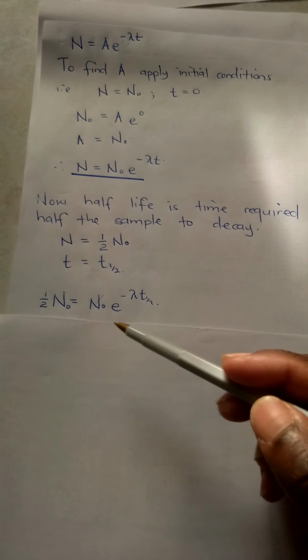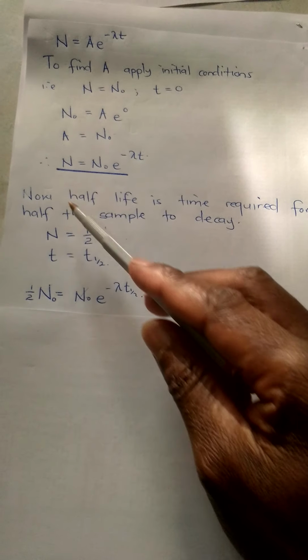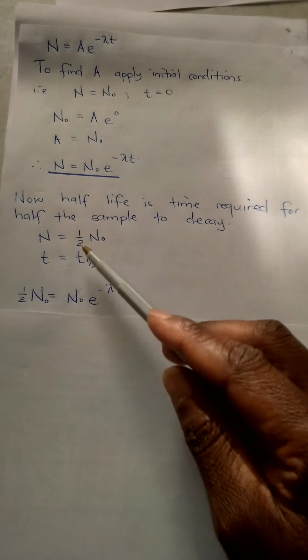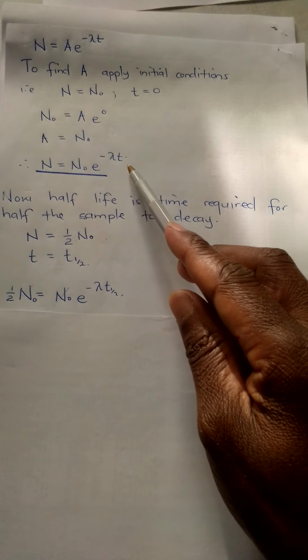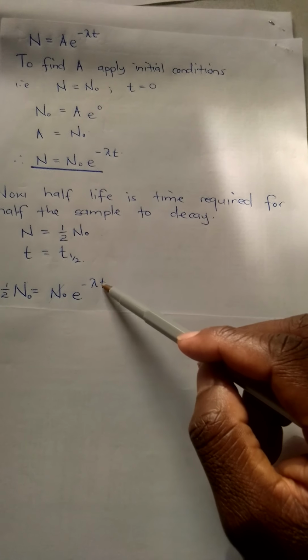Substituting N equals half N naught, we get half N naught equals N naught e to the power minus lambda, and the t is now t half.